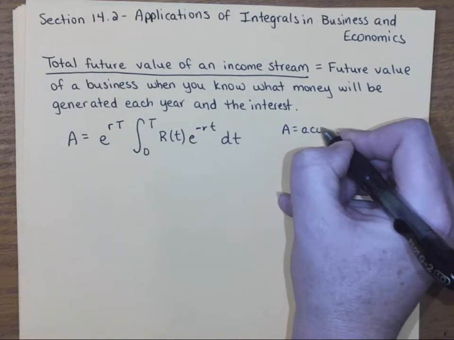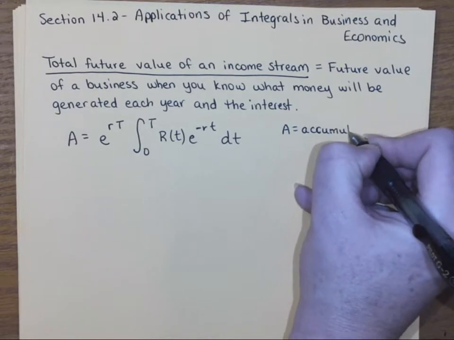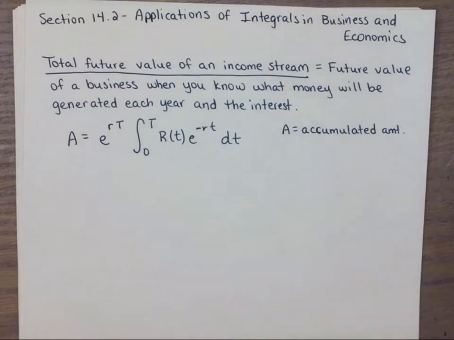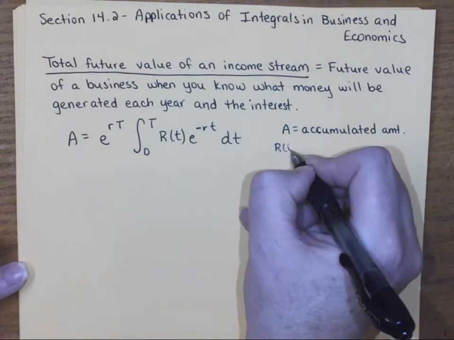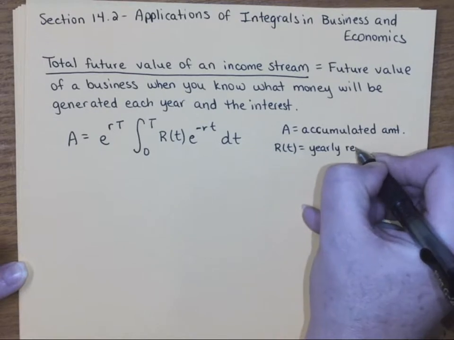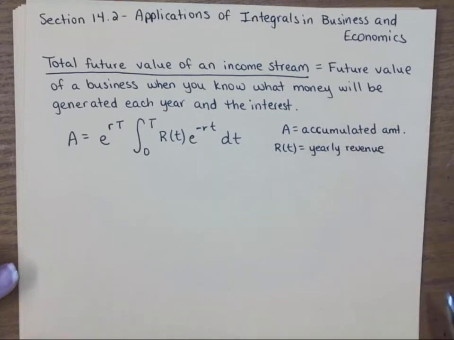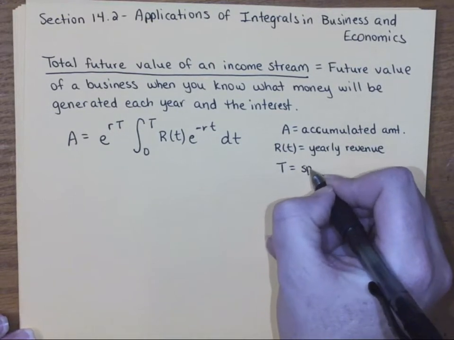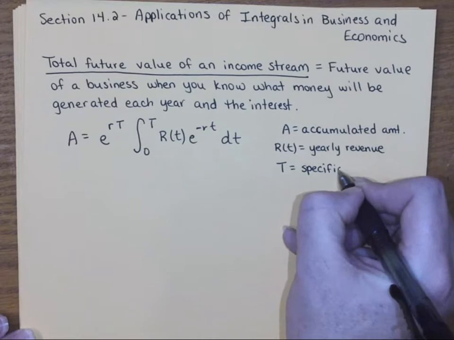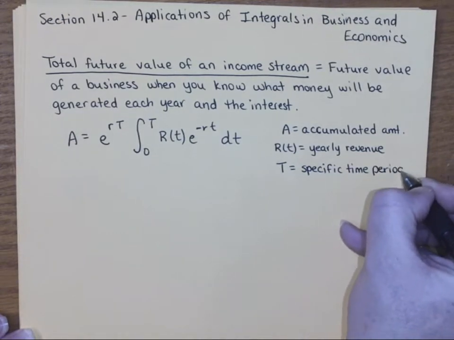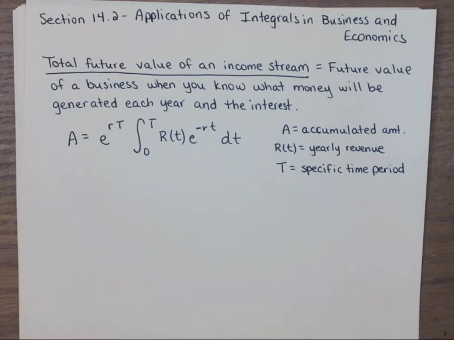A is the accumulated amount, just like it was in Business Math 1, by the way. R of t is the yearly revenue that you're expecting. For our purposes, that's almost always just going to be a dollar figure. Capital T is a specific time period. So you might say, I want this calculated for the next 5 years, and T would be 5.